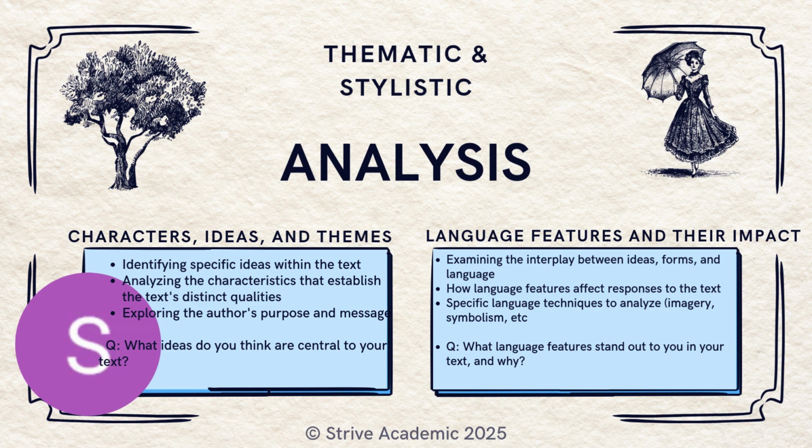So, when you're examining your text, think to yourself, which language elements seem to be really stylistic here? Are there certain language techniques that the author favors in their quotes, in their dialogue, in their descriptions? Is there a certain way they're using characterization or voice and tone?